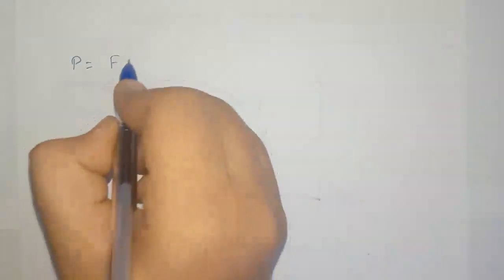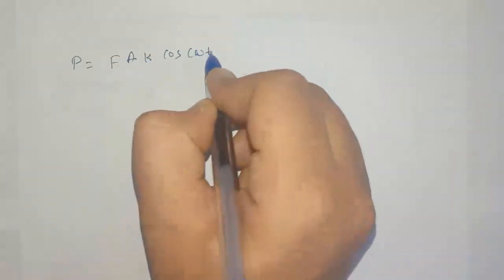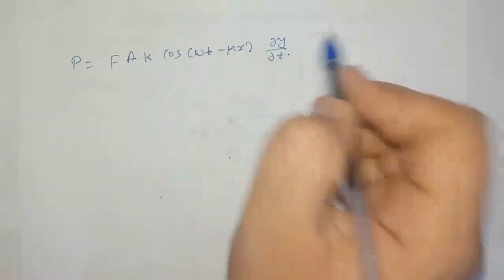We can write power is equal to F a k cos of omega t minus kx into del y by del t.